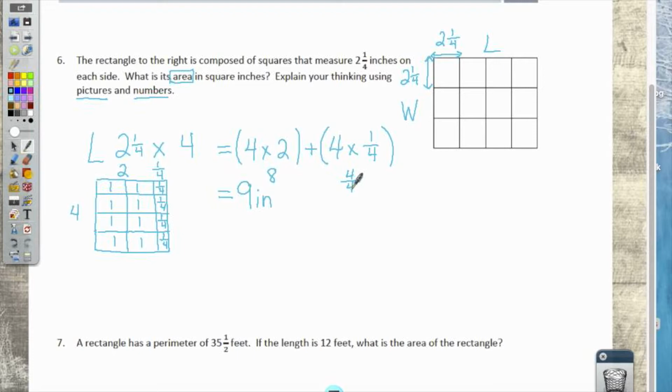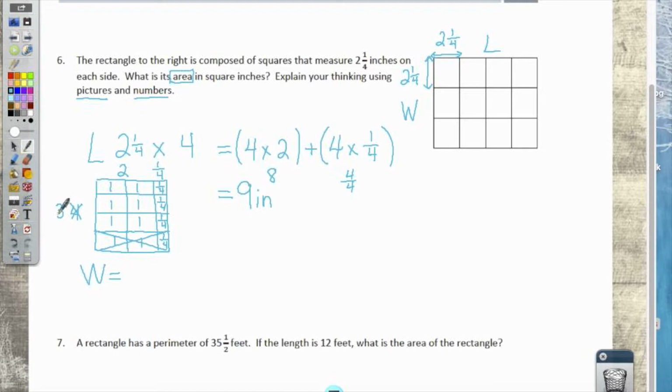Okay? Let's do the width. Oh, the width is really easy. Are you ready for this? Put width equals. And the only thing different on the width is what? The 4 is a 1, 2, 3. So I'm just going to cross off the 4, make it a 3, cross off the bottom one.